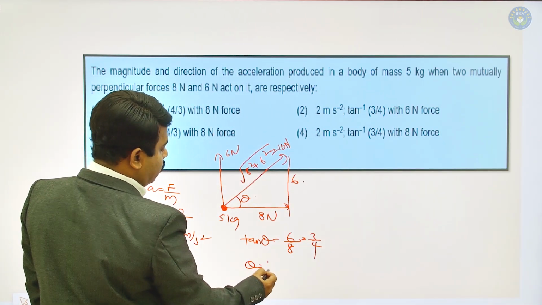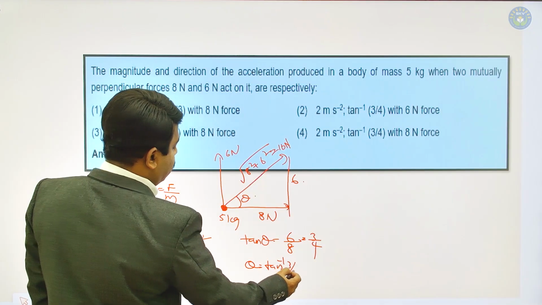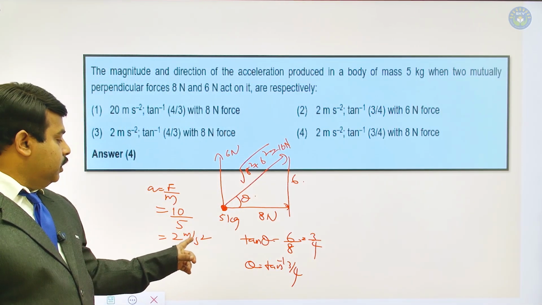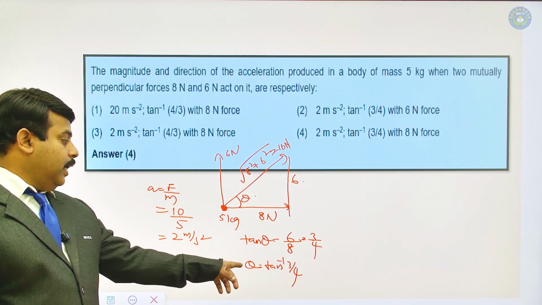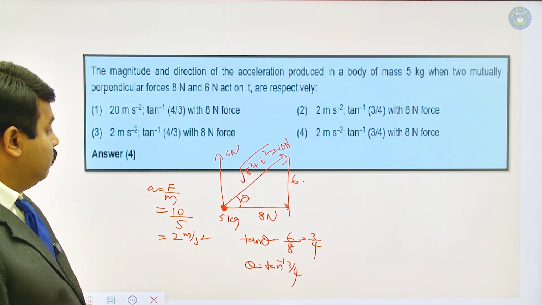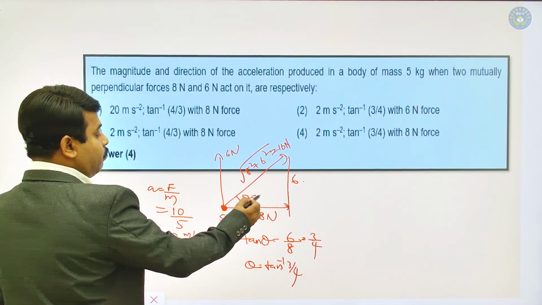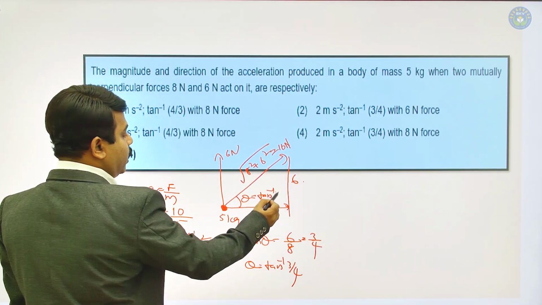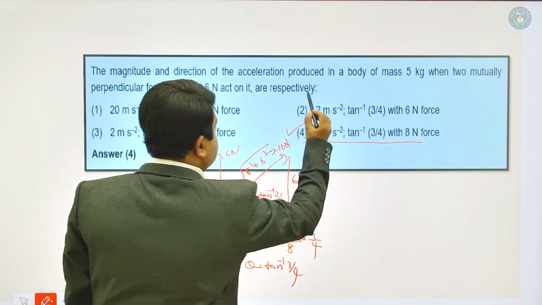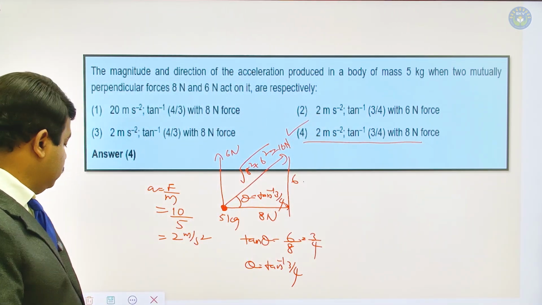Then theta is equal to tan inverse 3 by 4. Then see, the acceleration is 2 meter per second square and the angle of the resultant is tan inverse 3 by 4, that is making with the 8 Newton force only, right? Then which is the option satisfying this? This only, right? All right.